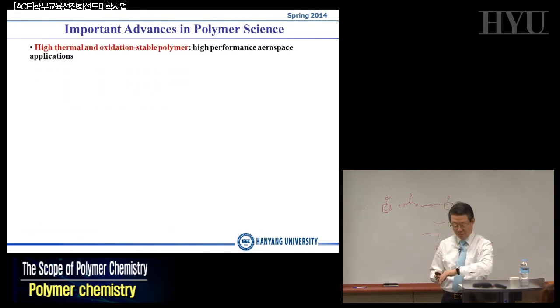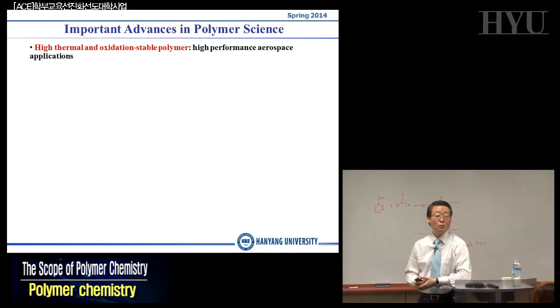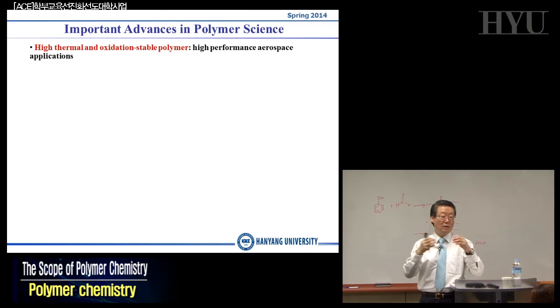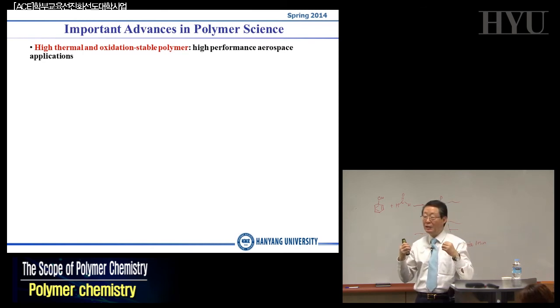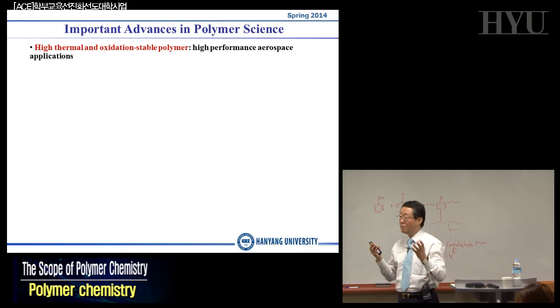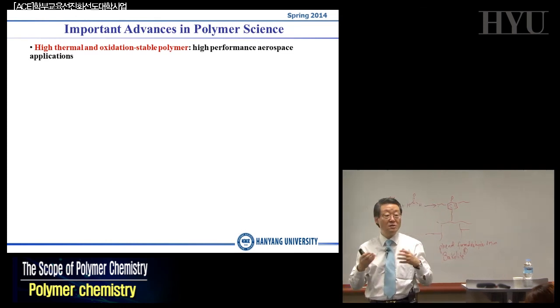And let me just summarize what we have talked about. Traditionally, the polymer can be rubbery form, or plastic form, or fiber forms. And those polymers are usually electrically insulating materials, but thermally unstable.